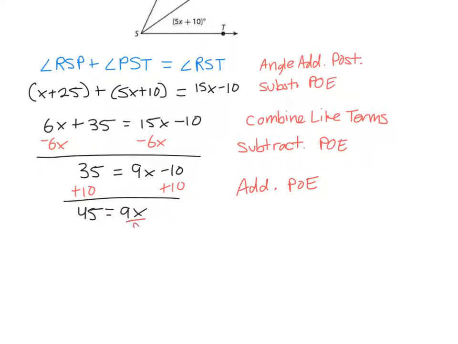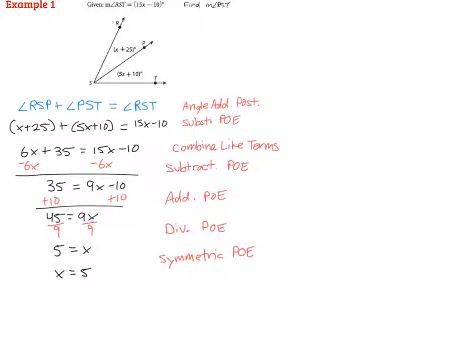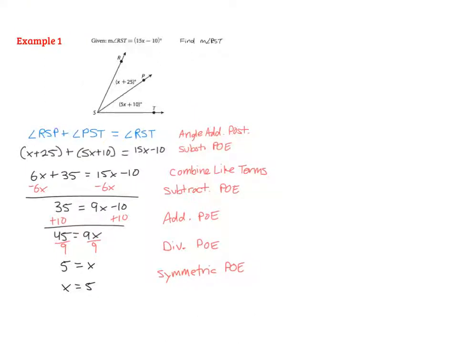And then we would divide by 9 on each side, which would be the division property of equality. And last, if you really want, we could say x equals 5, which would be the symmetric property of equality. So these are all things that you have been doing in Algebra 1 and in geometry, but now we're just going to provide reasoning for them.